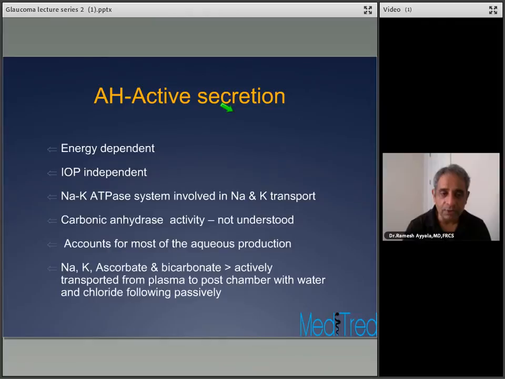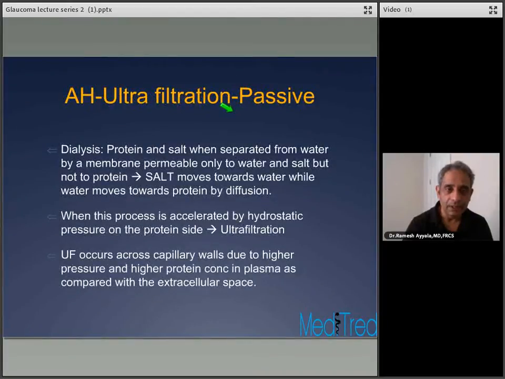And so sodium, potassium, ascorbate, and bicarbonate are actively transported from plasma to posterior chamber with water and chloride following passively. I will summarize how this all works once I go through the different mechanisms and as to how we know that there is active secretion in the human eye. Let's go through the terminology first.